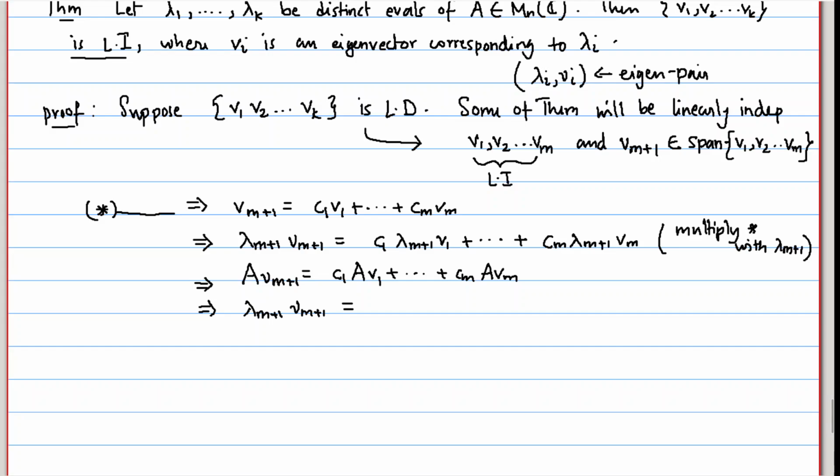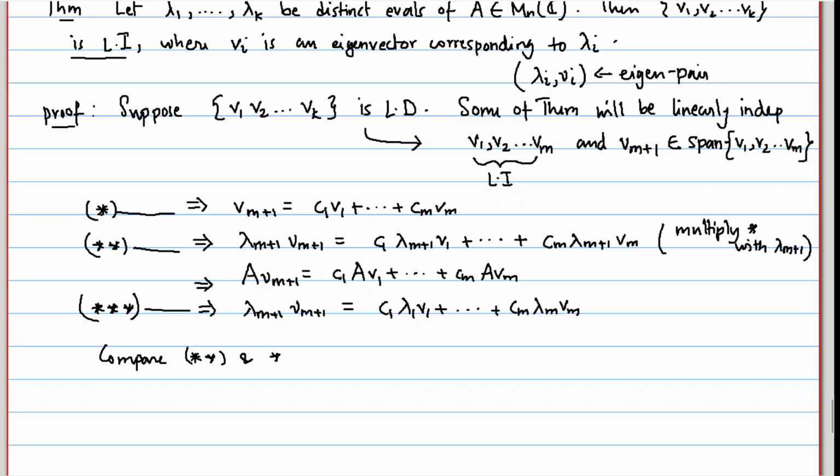On the right hand side we have C1 lambda 1 V1 up to Cm lambda m Vm. Call this equation double star and call the earlier one triple star. Now compare double star and triple star.